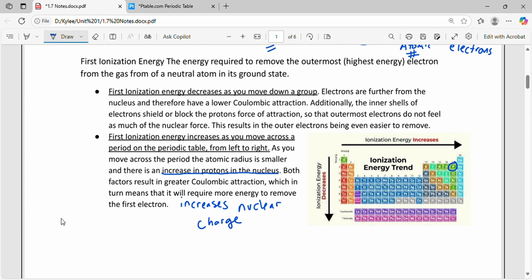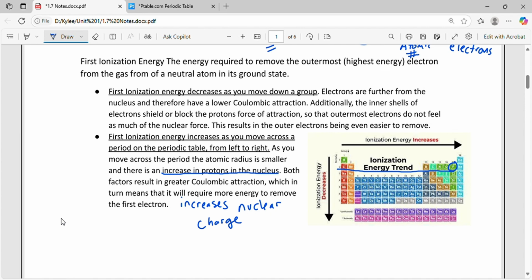As we move to the right, we add more protons, but we're also adding electrons, but they're not getting any further away from the nucleus because this is all the second energy level. So we're adding additional electrons, yes, but their distance from the nucleus isn't increasing. Distance from the nucleus would only increase if I went down and looked at the next group on the periodic table.